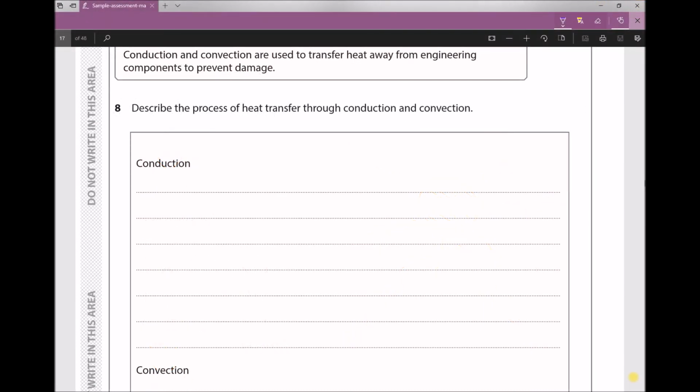Now, in my opinion, it's usually a good idea to use diagrams to support descriptions. So for conduction, what I would do is I would start with a simple sketch, very similar to what we had on the previous slide. And on here, I would write solid. And I would also add my heat source. Now, in terms of my description, I would say something like, heat transfer due to conduction occurs in solids.